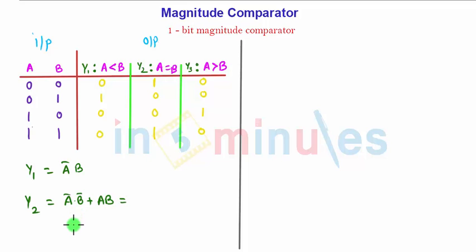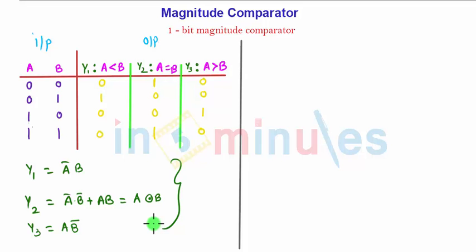This is nothing but the XNOR logic between A and B, so I will simply write A XNOR B. And for Y3, again a single output is present, for A and B bar, so Y3 equals A B bar.